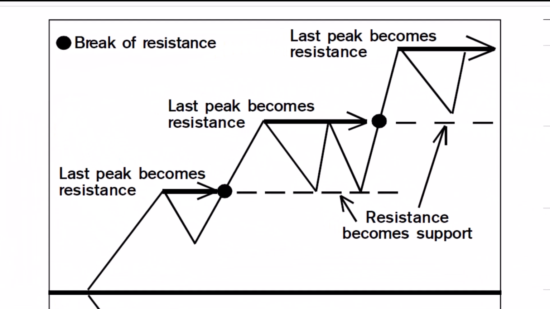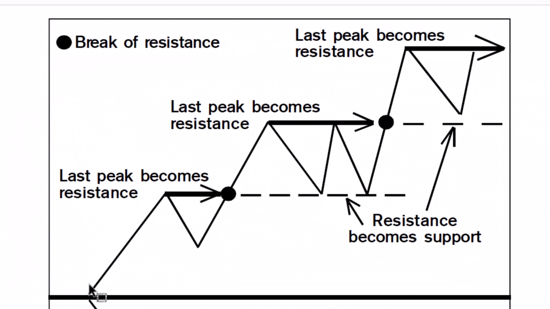As we can see here, a break of resistance, meaning that price is trying to go higher, usually means that the last resistance point becomes support, and support becomes retested, bounces through this area here, and it breaks through another level of resistance, and then that same level of new resistance becomes support.